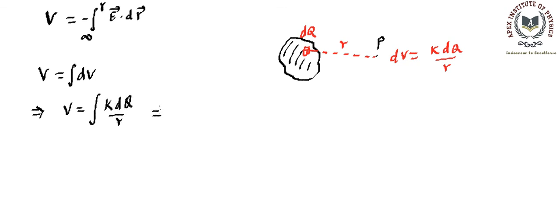We know k is a constant, so we can simplify as V is equal to k integration dq divided by r. That becomes another important relation to find the potential.